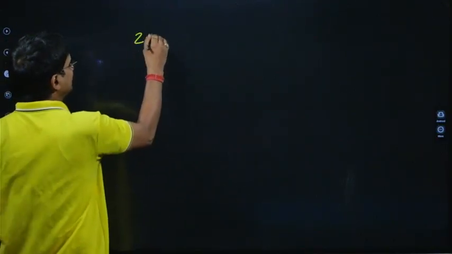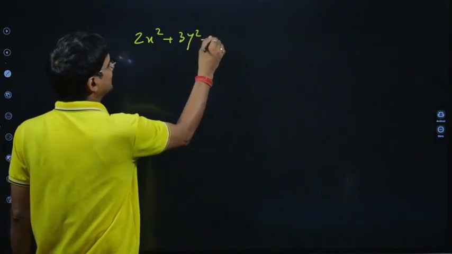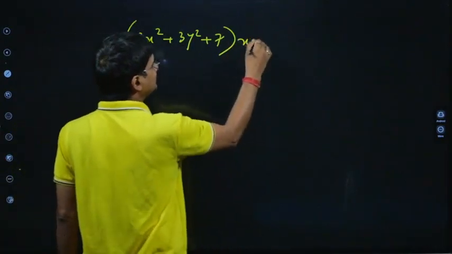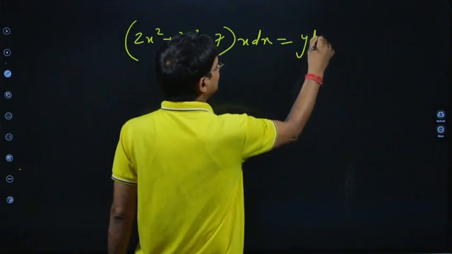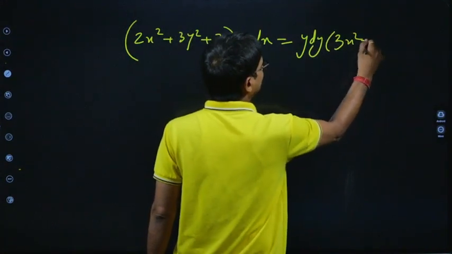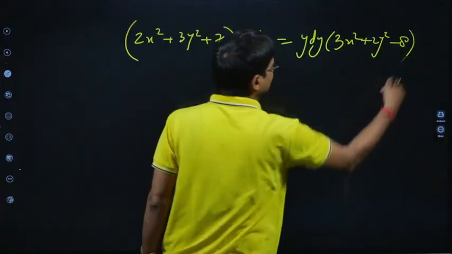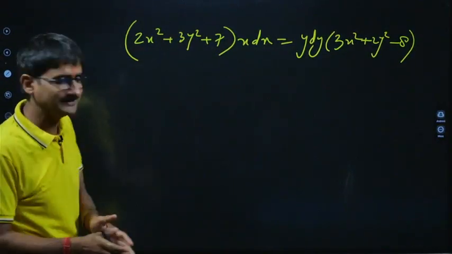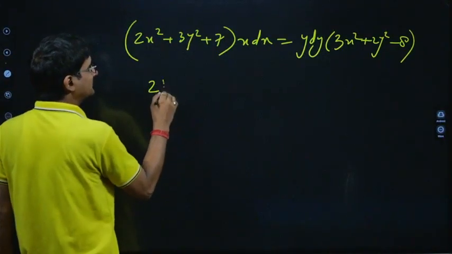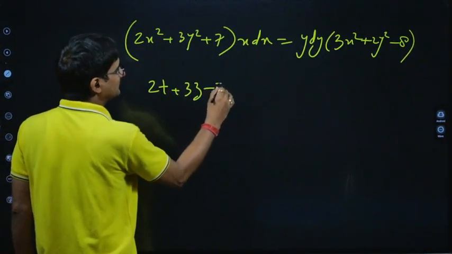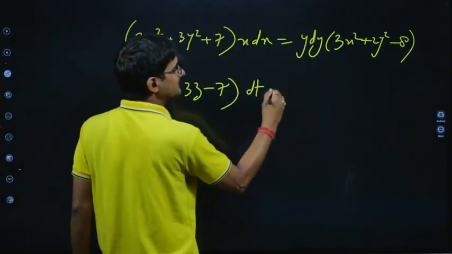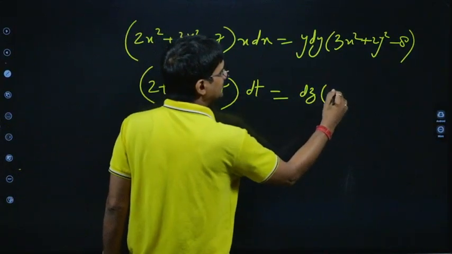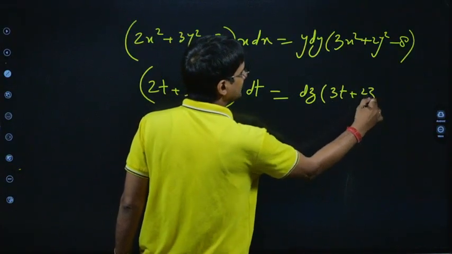It was something like, I don't remember the question exactly, x dx is equal to y dy times 3x square plus 2y square and something like minus 8 plus 8, whatever it is. See, simple. x square as t, y square as z. So done. So x dx is dt and this is dz, and then it is 3t plus 2z minus 8.